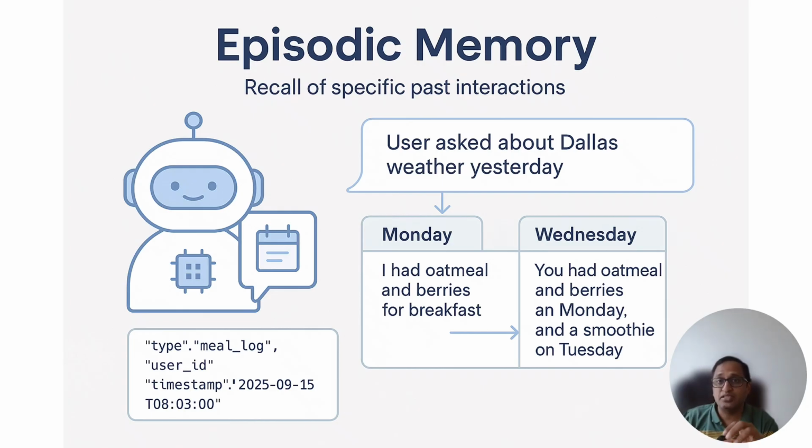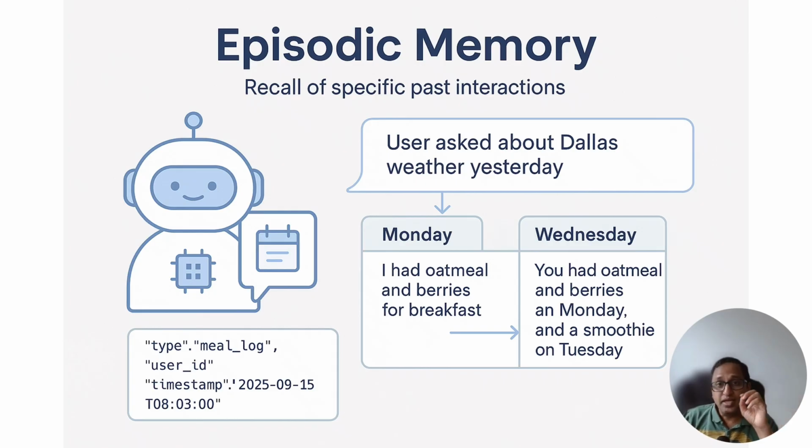Because the agent has episodic memory, it can look back across the last few sessions and say, you had oatmeal and berries on Monday and a smoothie on Tuesday. Both are great high fiber options. So that's not summarization, that's a retrieval of specific past events that the agent remembers happened and when it happened.